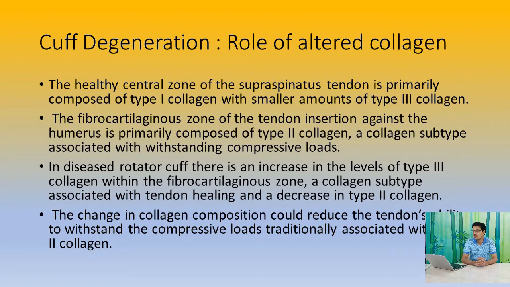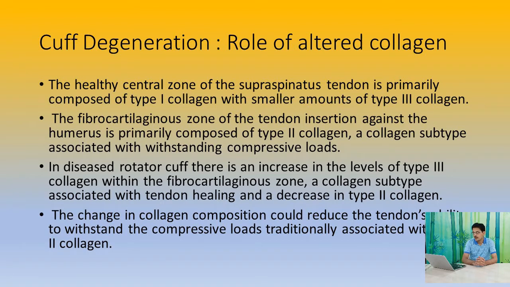Now, the role of altered collagen. Normally, the supraspinatus tendon is made up of type 1 collagen, and it has smaller amounts of type 3 collagen. Now, at the insertion point, it is a fibrocartilaginous zone, which is usually type 2 collagen, a collagen subtype associated with withstanding compressive loads.